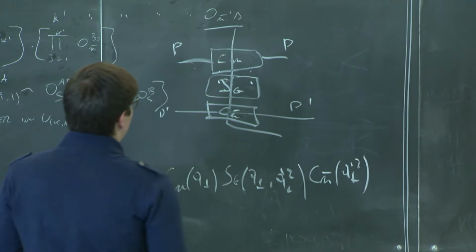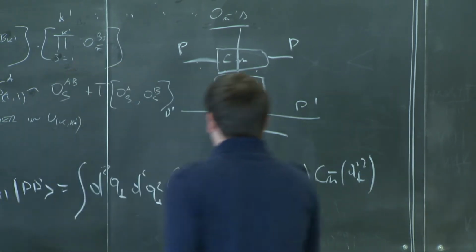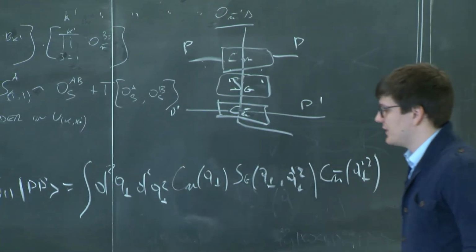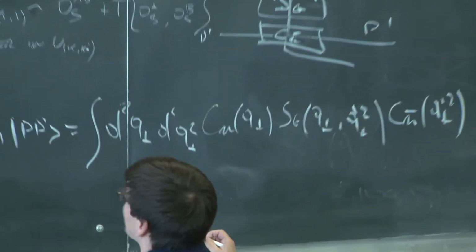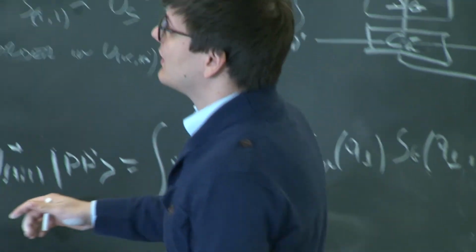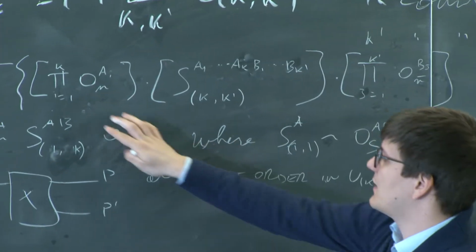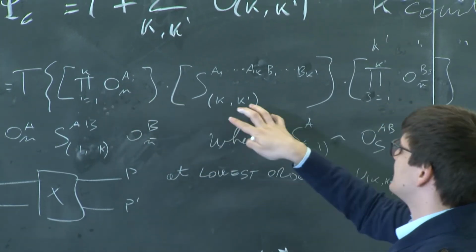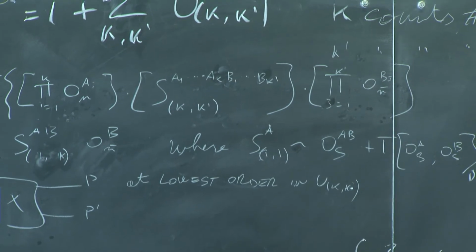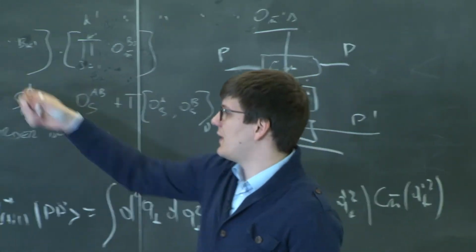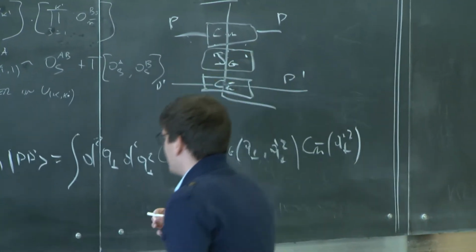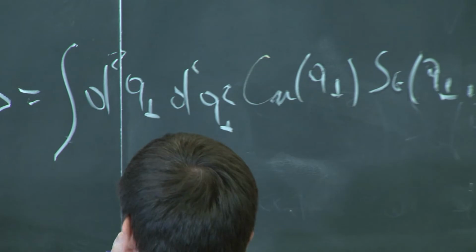And so the actual expression of these functions is going to be something like, the point is that here you have the n piece, the n operators, the soft operator, and the collinear operator. So I'm going to take a matrix element of these single guys with P or P prime, this with the vacuum.